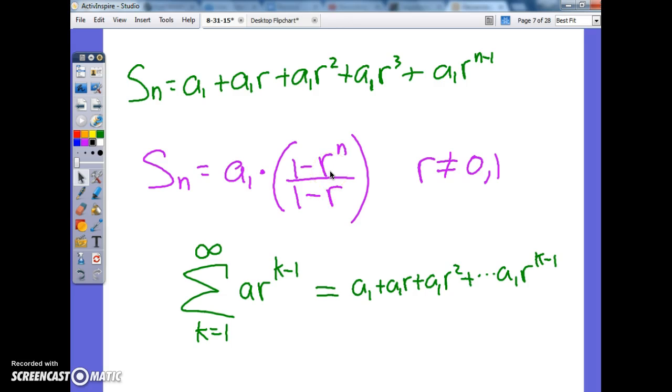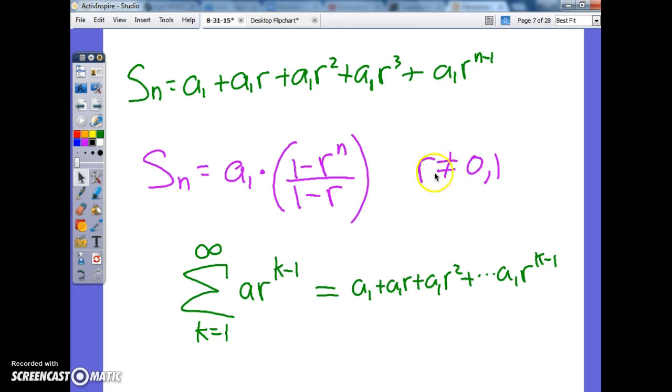So this will work if we have a finite sequence. If this goes on to infinity, obviously we can't always sum that up if my ratio is greater than 1. Okay, so we'll talk. So the sum of 20 terms would be my first term, okay, times this fraction of 1 minus r to the n over 1 minus r.